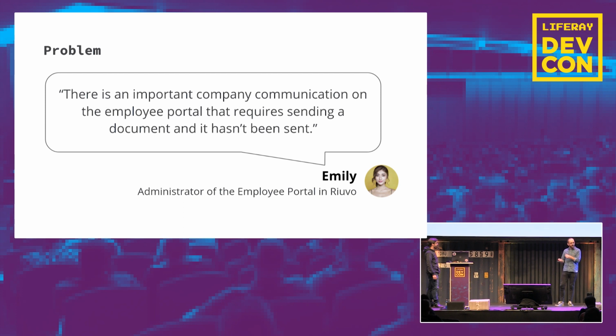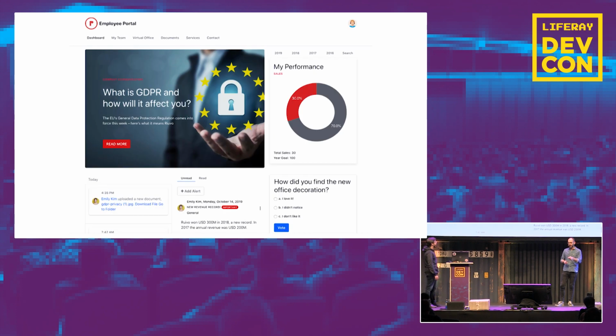But to better understand Emily's problem, let's take a look at the employee portal itself. As you can see, the main page is the dashboard, which shows at a glance all the information that the company considers important and relevant to the users. And we also have a section for company communications that, in this case, has a link to an article about the new GDPR regulations.